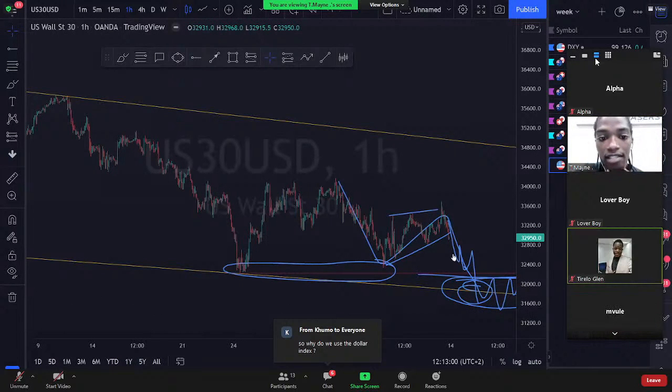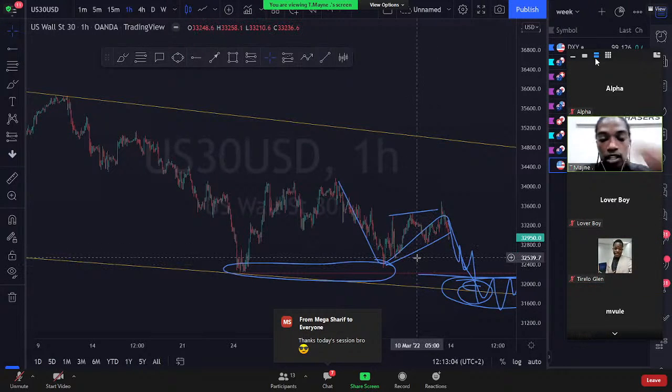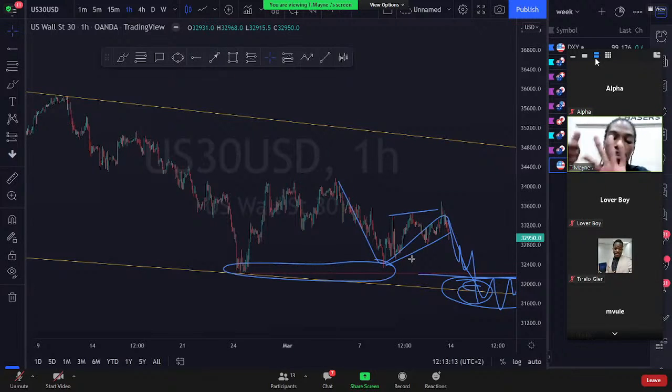We use the dollar index to see what's happening across the dollar, because remember that the dollar index is just showing us what's happening in terms of the dollar relative to the euro, the pound, the yen, the Australian dollar, the CAD, and the Swiss franc.